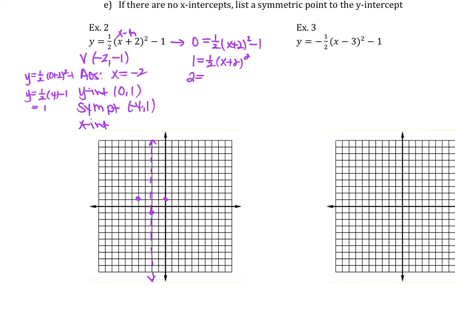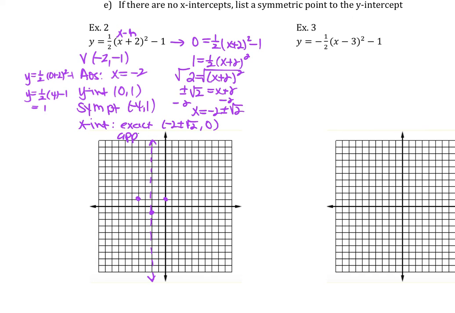Multiply by 2, square root both sides, so we get plus and minus root 2 equals x plus 2, and then I have to subtract 2. So that gives me negative 2 plus and minus root 2. These are my exact answers, so let me label that. Exact will be negative 2 plus and minus root 2, 0.